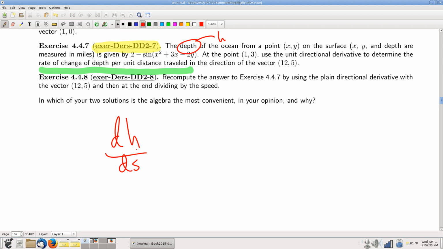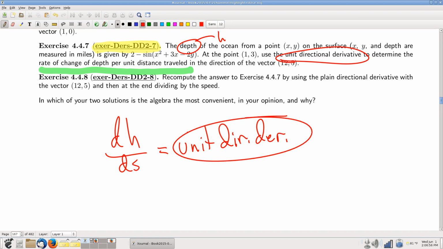So rate of change per unit distance traveled means that we're looking for the slope of the graph. So this is the unit directional derivative. So we're going to use the unit directional derivative to compute the unit directional derivative. That's why I say this was kind of a hint, that the answer is the unit directional derivative.